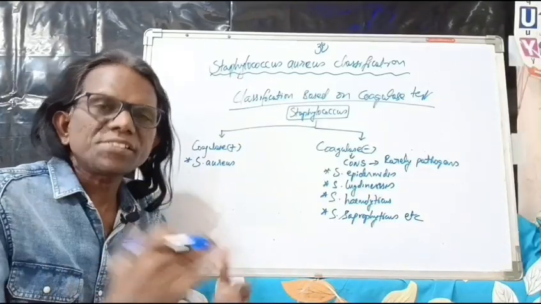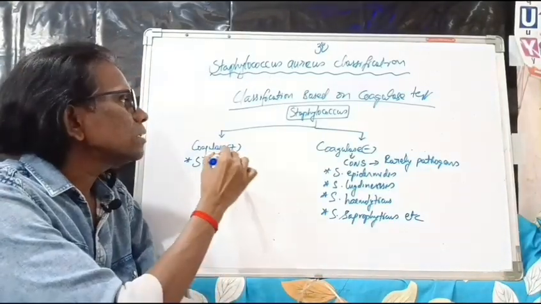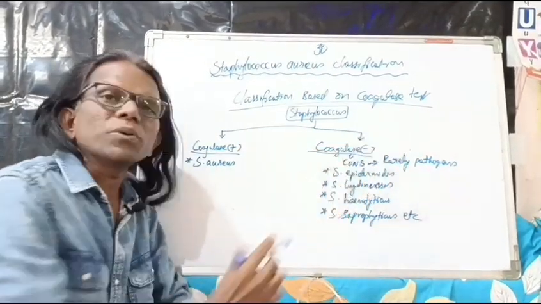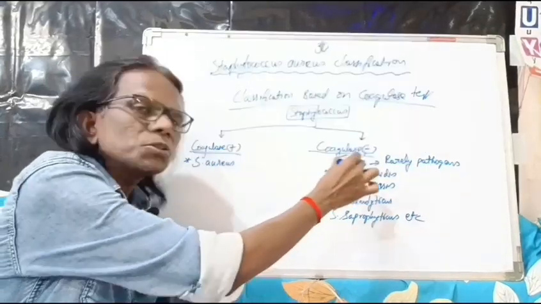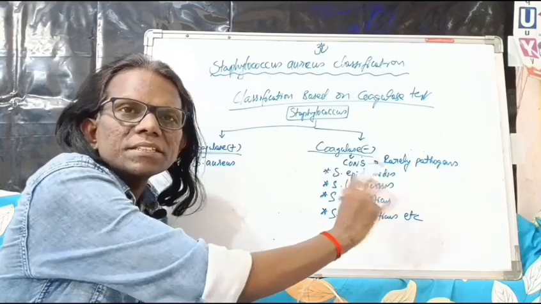Based on the coagulase reaction, Staphylococci are divided into two types: coagulase-positive Staphylococci and coagulase-negative Staphylococci. Coagulase-positive Staphylococci are pathogens, and coagulase-negative Staphylococci are mostly non-pathogenic bacteria.